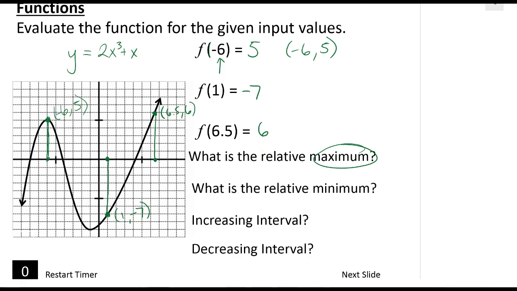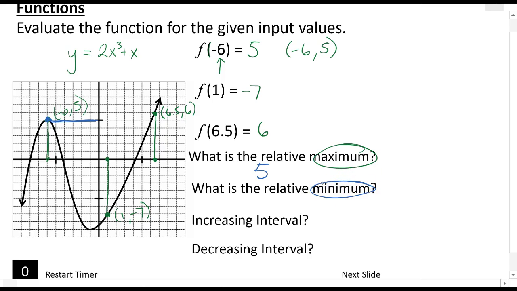The highest point here is this little mountaintop. You've got to think of a maximum as like a peak. So it goes up to this point here, and the value there is 5. So the maximum is 5. We only want to know the y value. That's all that matters when we talk about max and min.